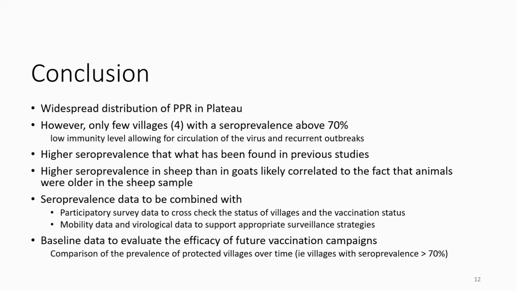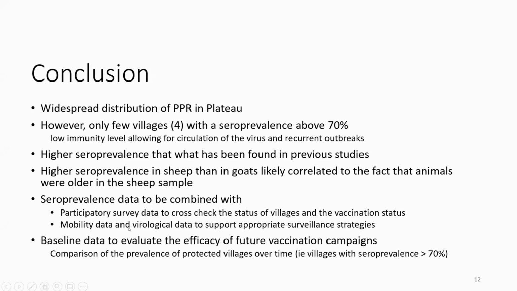As a recommendation, participatory survey data should be used to cross-check the status of villages with vaccination, when matched, to show a true picture of the vaccination status.